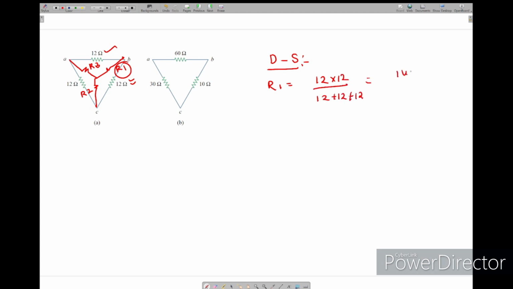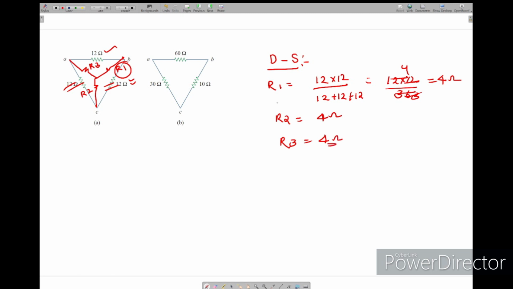This is 144 divided by 36, but to save time, put 12 into 12 divided by 36. This is 4 ohms. If we find R2, again R2 is covering between these two, again we will get 4 ohms. R3 also we will get 4 ohms.